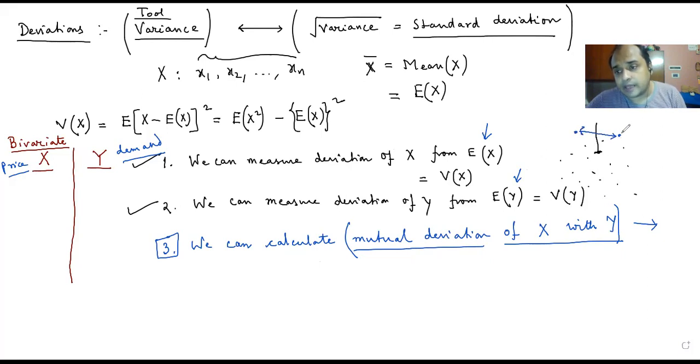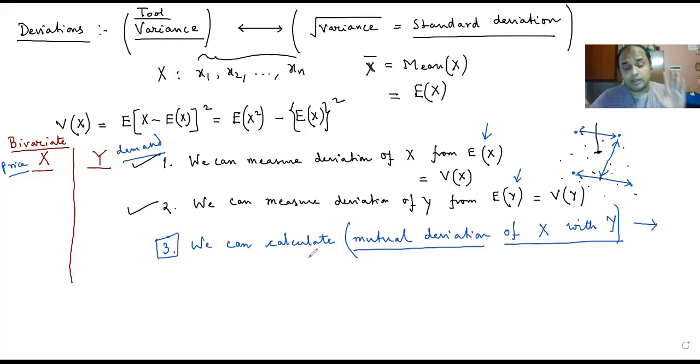Say for example, I consider this point to that point, and then I measure this particular deviation, or this point I can consider. But don't worry: suppose there are infinitely many points, then it is not possible for us to consider each point and each pair one at a time and find out their deviation somehow.